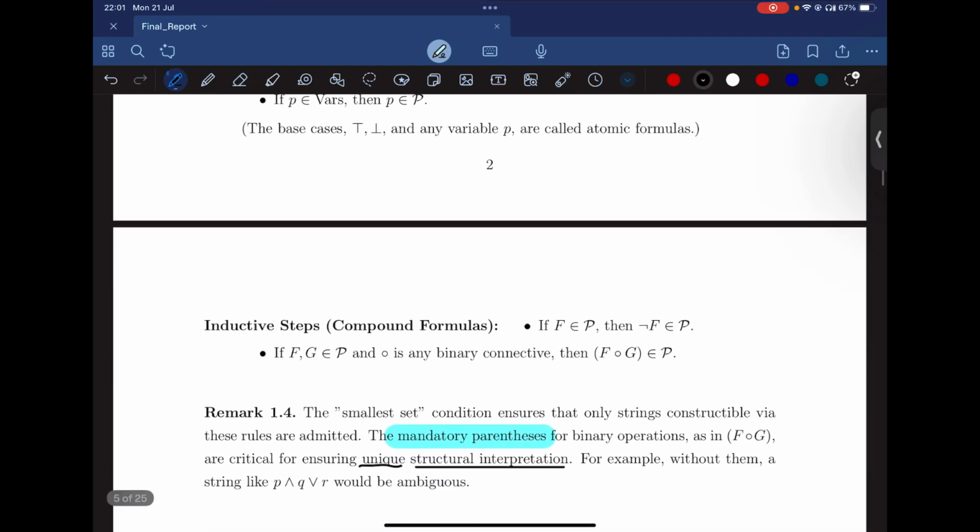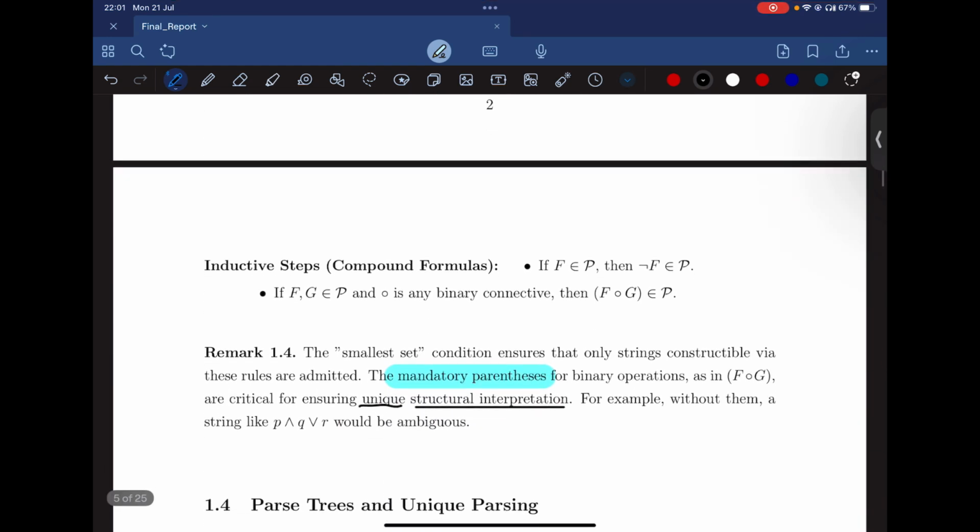Now, after that, how do you define other formulas? You say that if a formula F is a well-formed formula, then its negation is a well-formed formula too. Now let's say F and G are themselves well-formed formulas; then any binary operation applied over them, encapsulated in brackets, is also a well-formed formula.